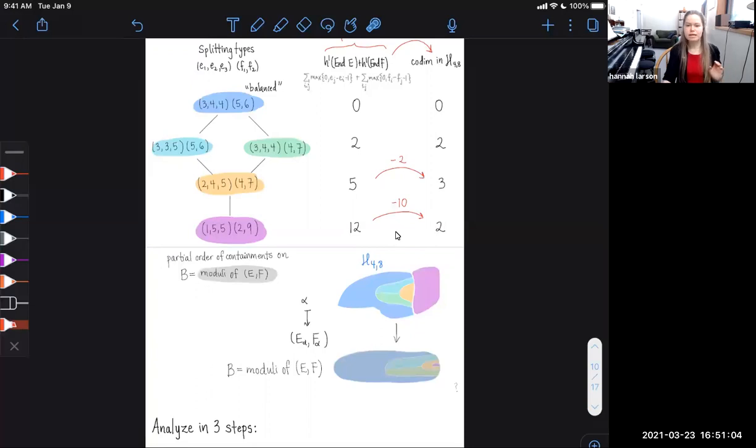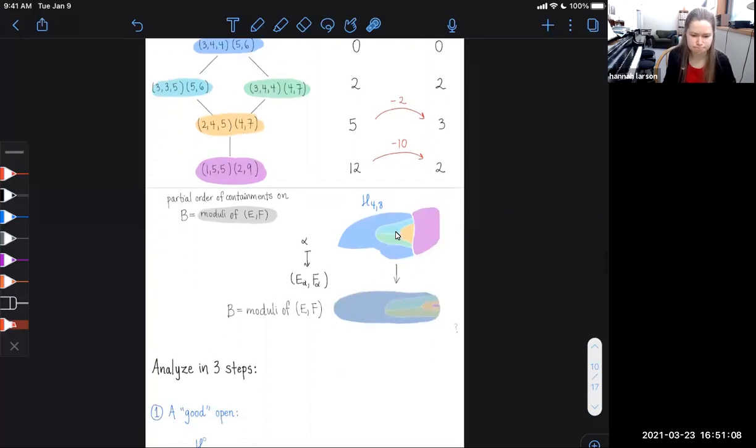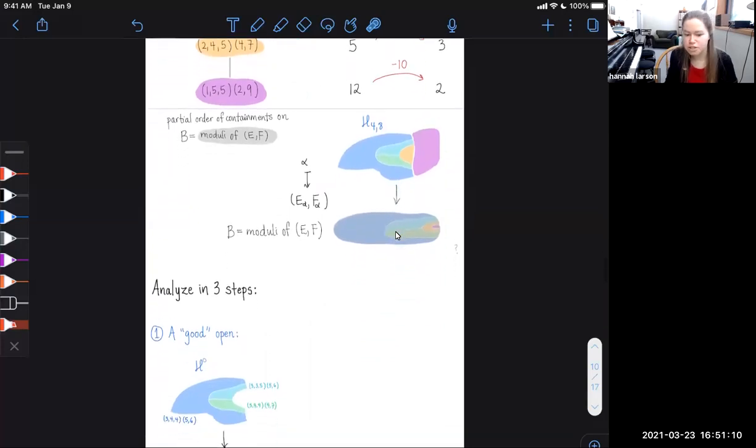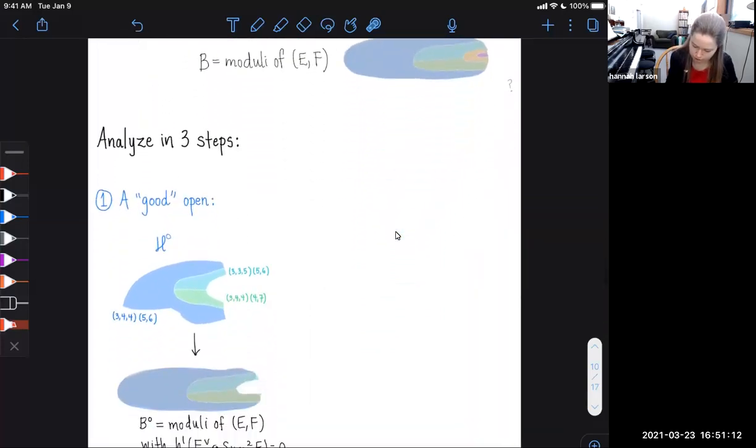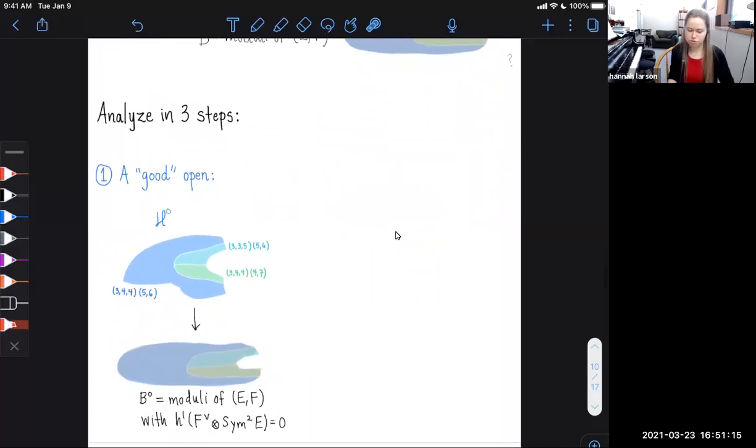So I'm going to analyze this stratification now in 3 steps. First, I'm going to look at something we call the good open. And this is where there are no correction terms. So these are the covers alpha so that H1 of F alpha dual tensor Sym2 E alpha is equal to 0.